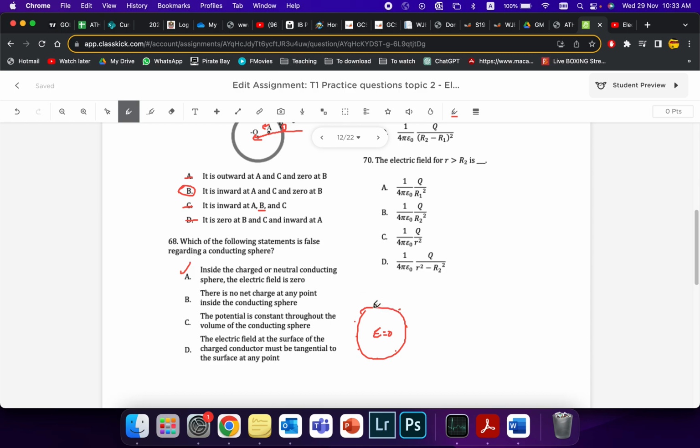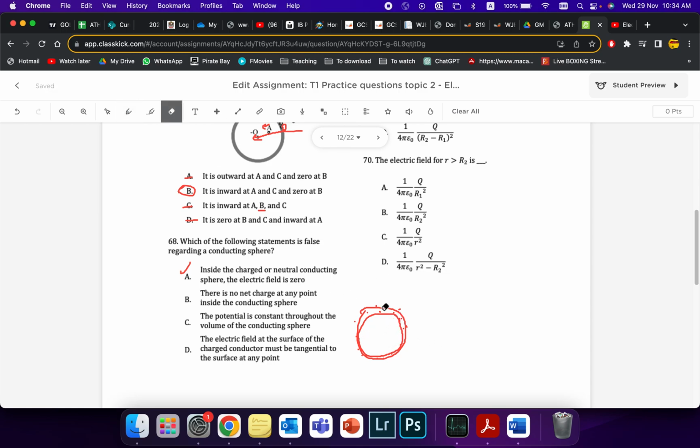Even a hollow conducting sphere, same answer. A hollow insulating sphere, same answer. Why? Because they have no other place to be. There's nothing inside. It's just empty space inside. So in each case it is 0.